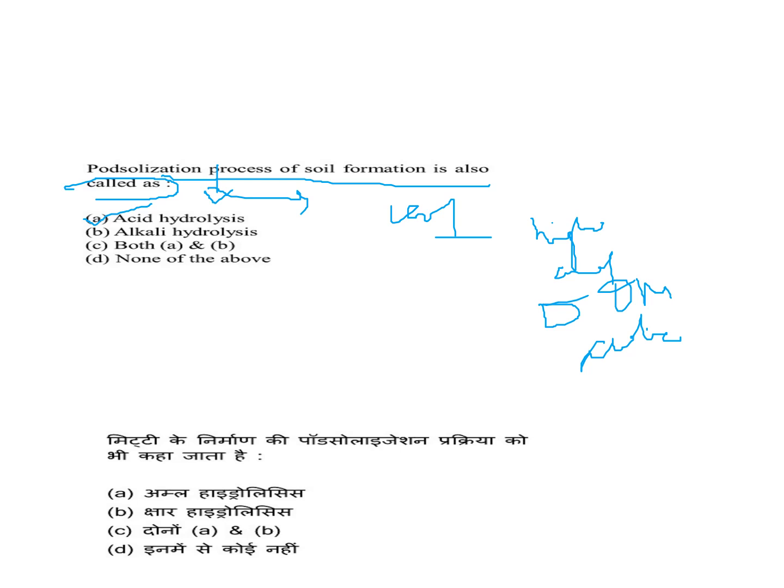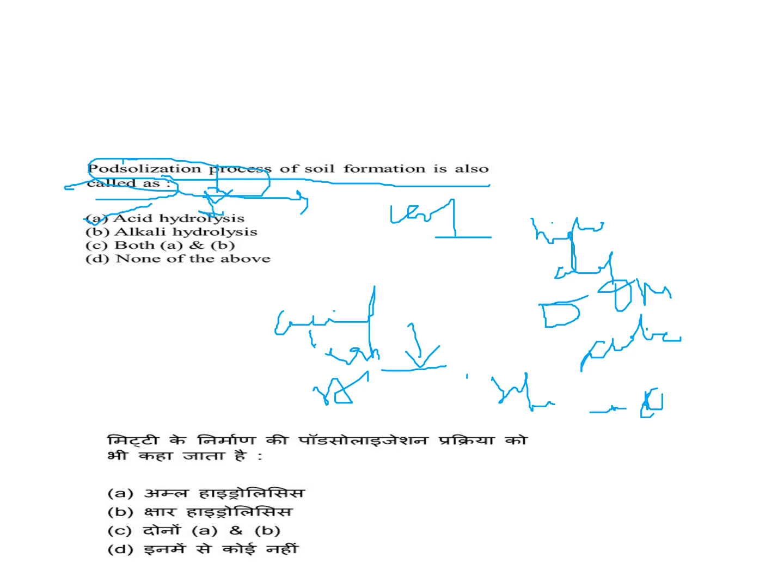This intense acidity drives acid hydrolysis, which breaks down primary minerals like clays and silicates. This results in soluble iron and aluminum being leached downwards, leaving bleached silica in the E horizon, the eluviated horizon. So this process is called podzolization, that is acid hydrolysis.